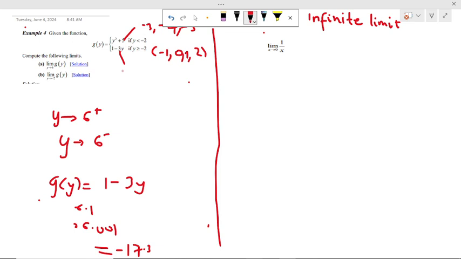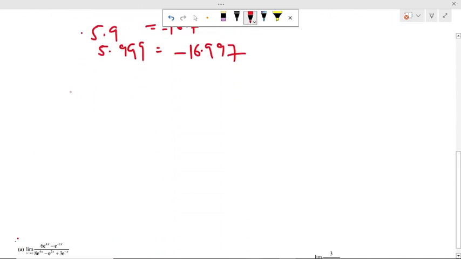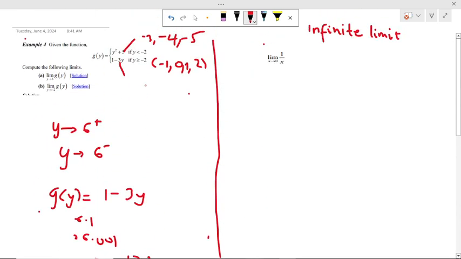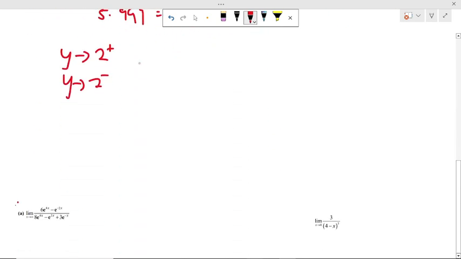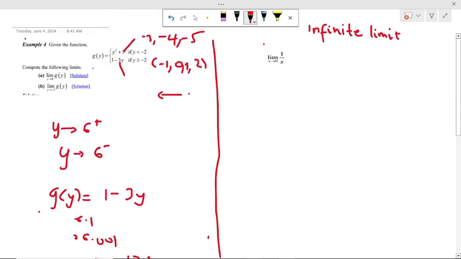When we approach from the right hand side, we need to use the lower portion, right? If you are approaching from the positive direction, we need to use this one, so we are going to use 1 minus 3y.